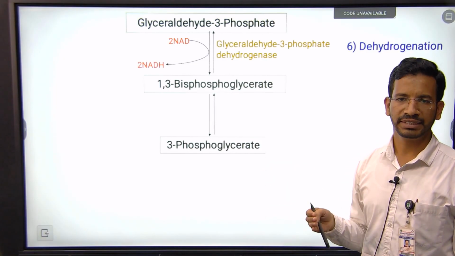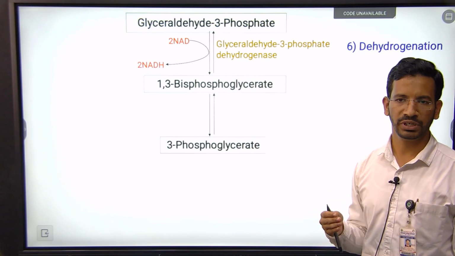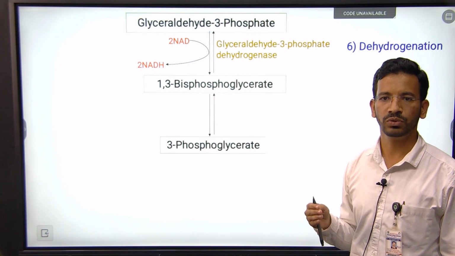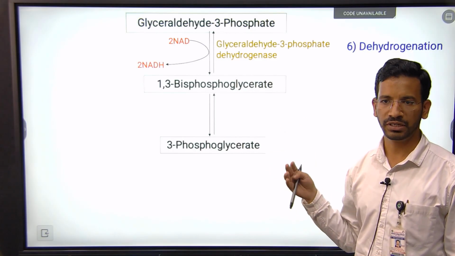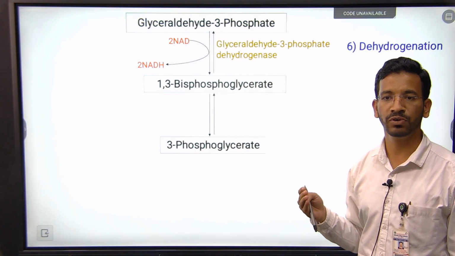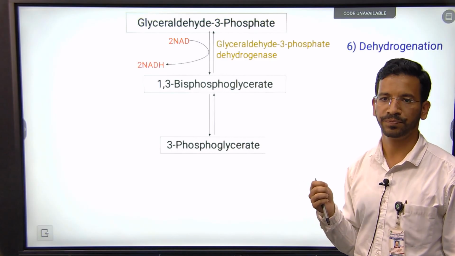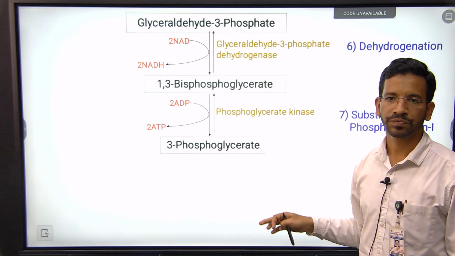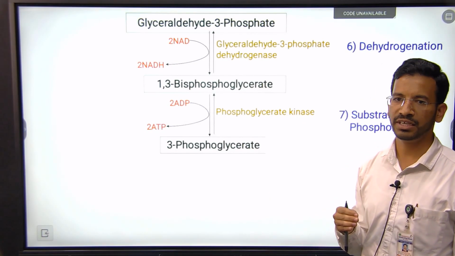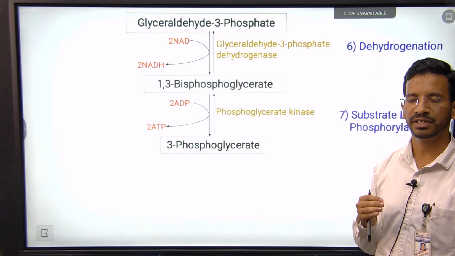Next, in the 7th reaction, 1,3-bisphosphoglycerate is converted into 3-phosphoglycerate. By casual observation, it is clear that one phosphate is being removed. The enzyme working in this reaction is phosphoglycerate kinase.